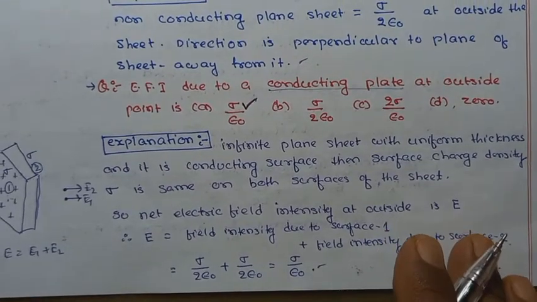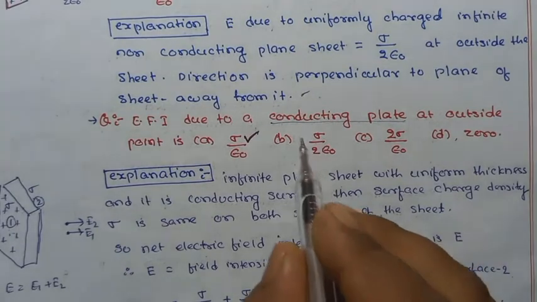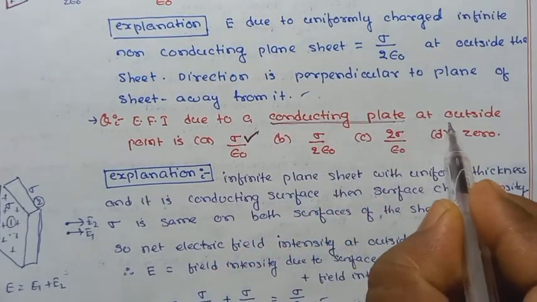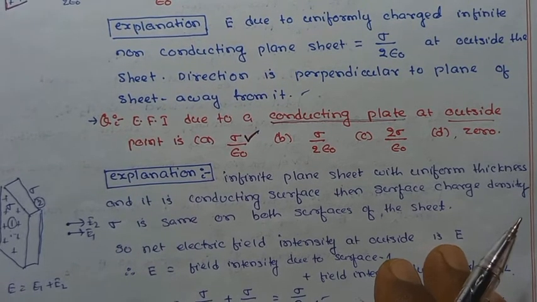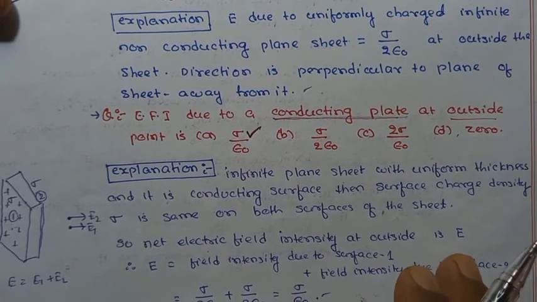Now we go to the detailed explanation. See here, this question is asking for conducting plate and outside. When charge is given to a conducting plate, then it is uniformly distributed on the surface of the plate, and this charge is uniformly distributed on both sides of the plate.